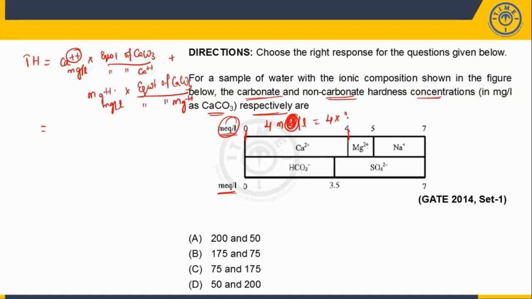So it becomes 80 mg per liter. So calcium I got as 80 mg per liter into equivalent weight of CaCO3. How much is it? Remember it is 50.